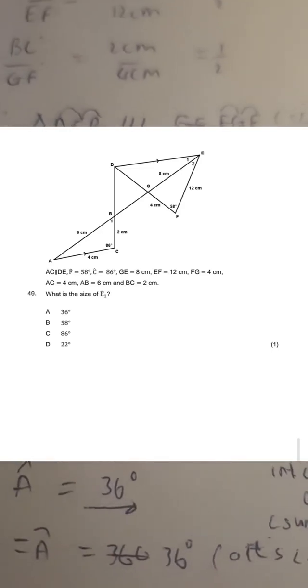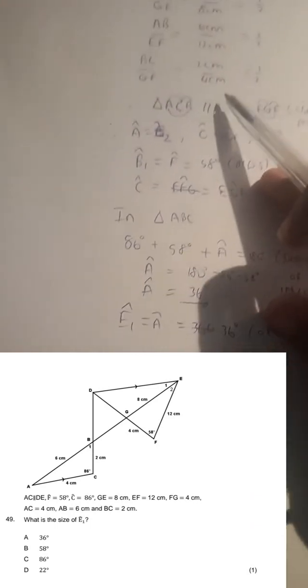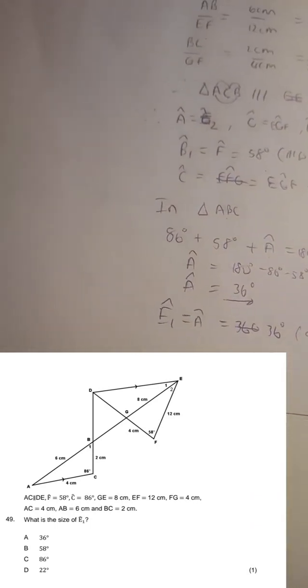Remember Enrico Maritz, we were not looking for E2. E2 is also going to be 36 degrees because angle A was equal to angle E2, if you remember very well, Mariko.